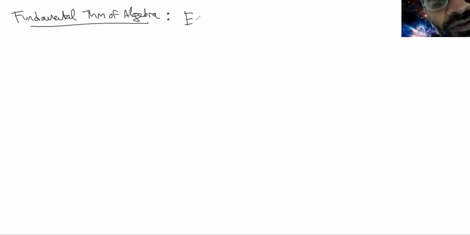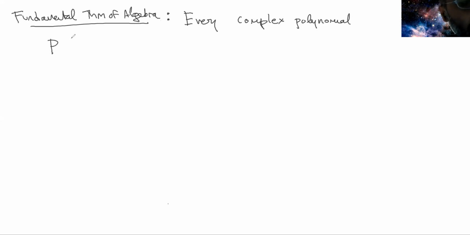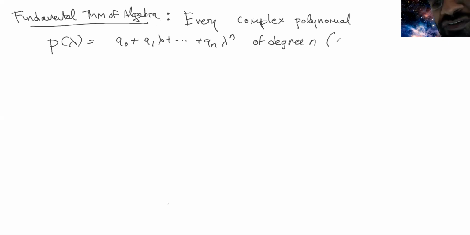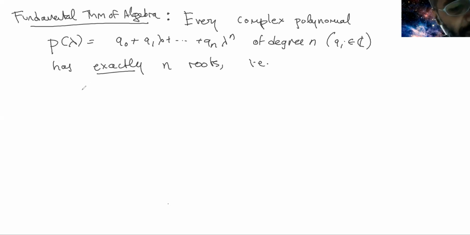It says every complex polynomial plus a1 lambda plus a n lambda n of degree n. And by the way, these coefficients are now complex numbers. They could be real, because real are a subset of complex. N roots. So that means you can always factor it in this way that we've wanted to.